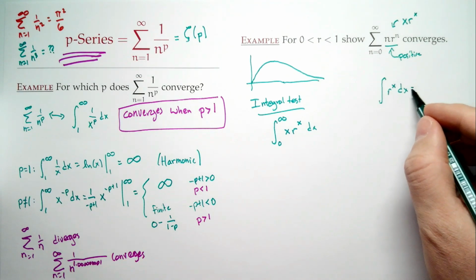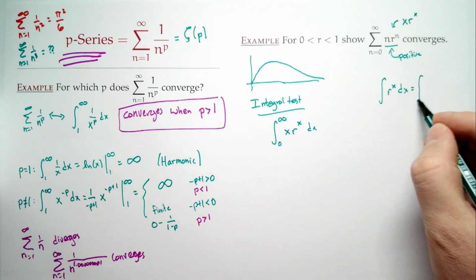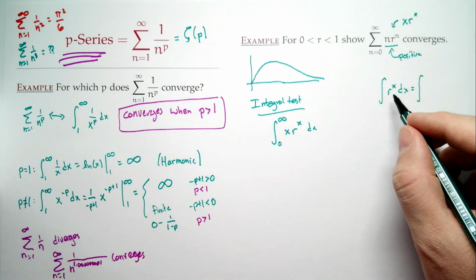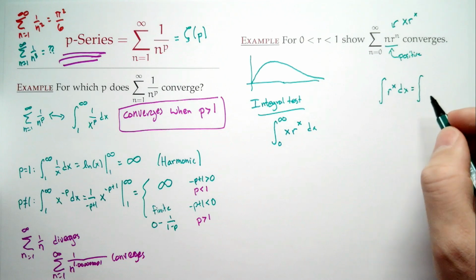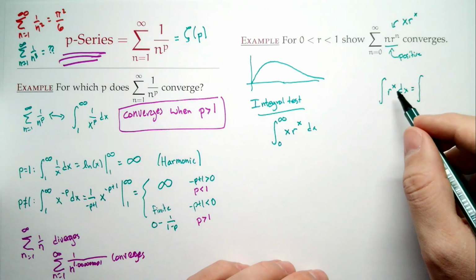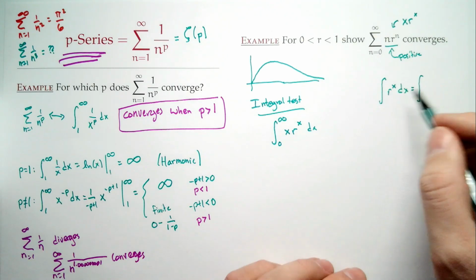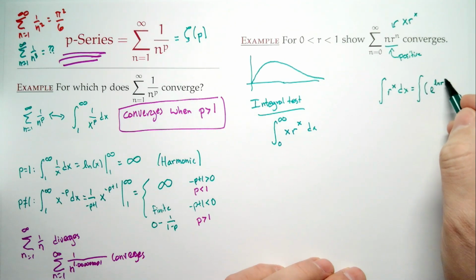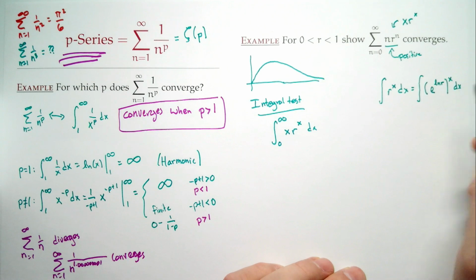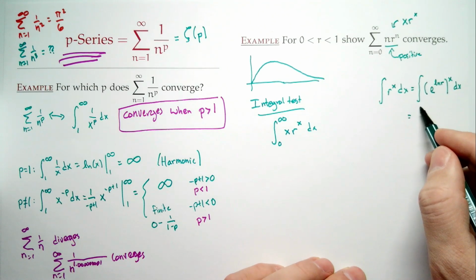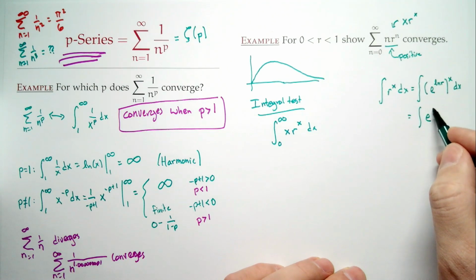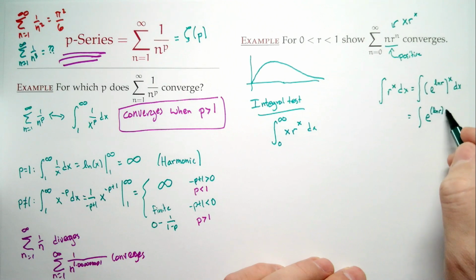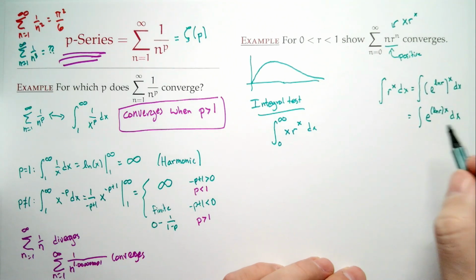Well, if you don't remember, here's how you can rederive it. You want to have something that looks like e to something. So, can we replace r by something that looks like e to something? And we can. It's e to the natural log of r, to the x. Or, if you like, that's e to the log of r times x dx. So it's like e to a constant x.